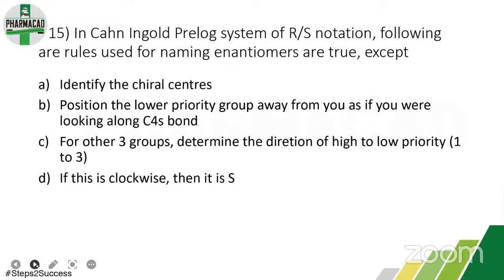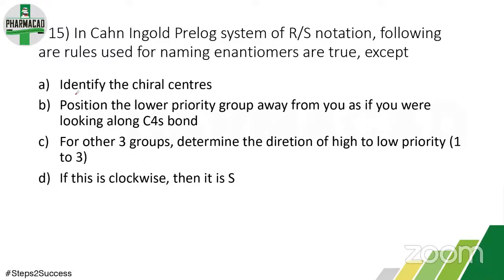Next question. In the Cahn-Ingold-Prelog system of RS notation, the following are rules used for naming enantiomers, all are true except. So we have to find out the incorrect statement. First option is identify the chiral center.